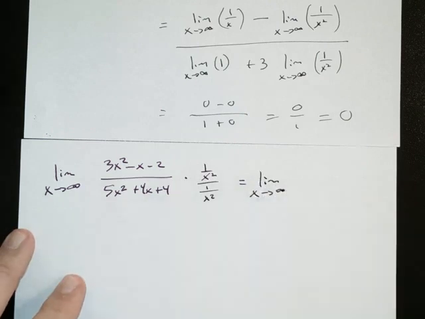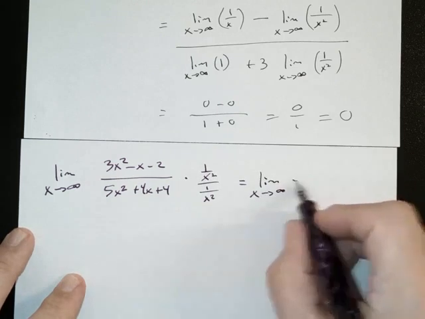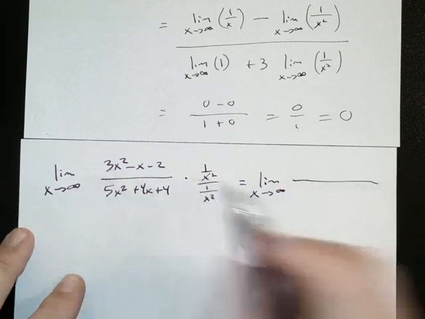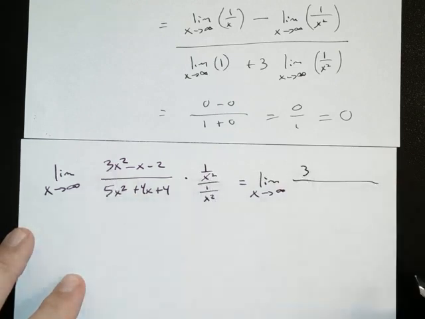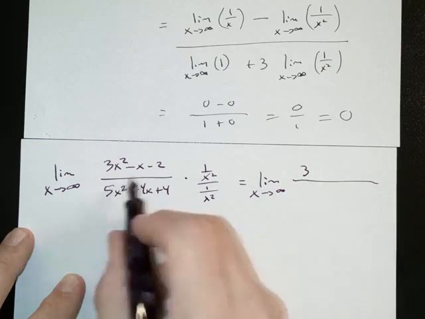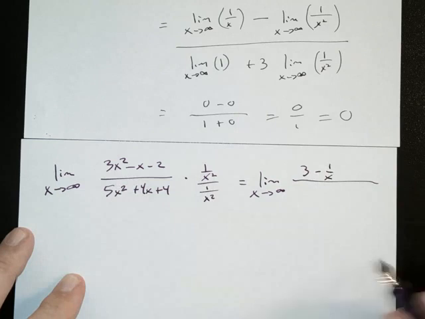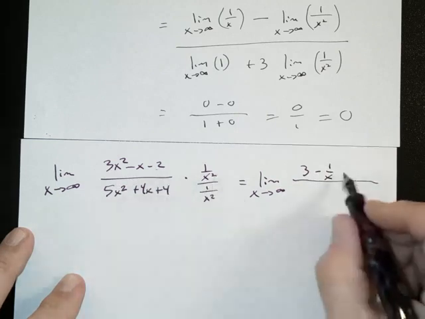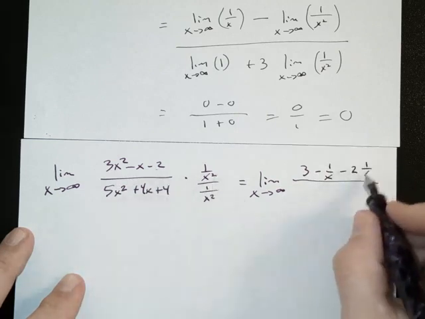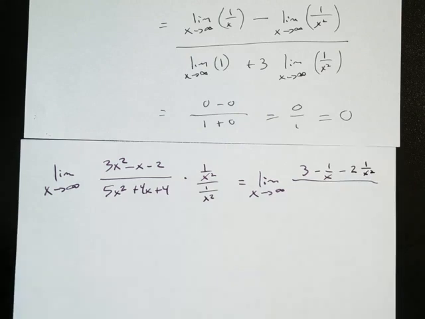Now I'm going to do the simplification right here. I'll have 3x squared over x squared. That's just a 3. I'll have minus x over x squared. That's minus 1 over x. I'll have minus 2 over x squared. Notice I put the 2 in front, so I could write it as 2 times 1 over x squared.